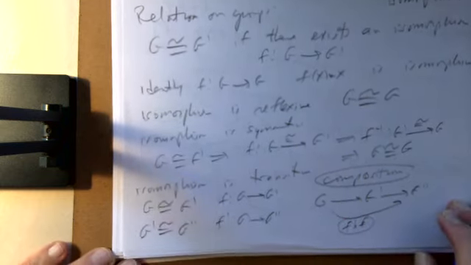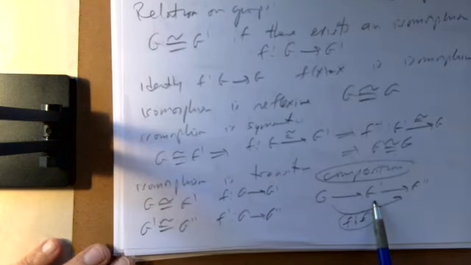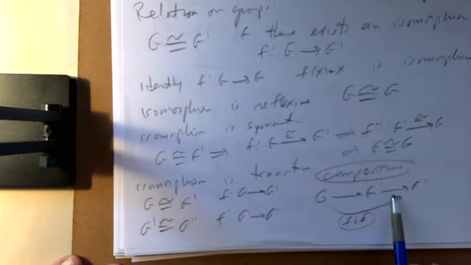And you can check that the composition of one-to-one functions is one-to-one, and the composition of onto functions is onto, and the composition of homomorphisms is a homomorphism. So this relationship of being an isomorphism is transitive, and so we now have an equivalence relation on all groups.